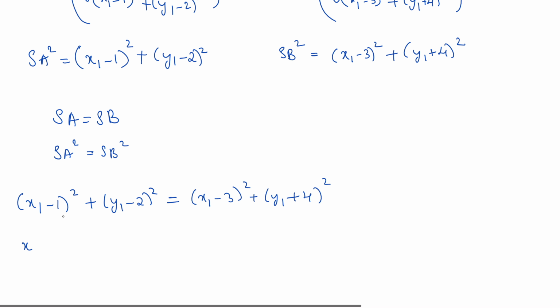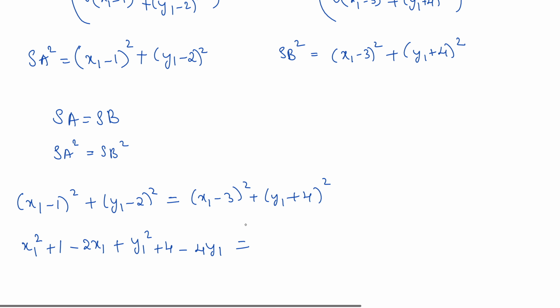So (x1 minus 1) whole square is x1 square plus 1 minus 2x1. We are doing (a minus b) whole square, which is equal to a square plus b square minus 2ab. Now (y1 minus 2) whole square is y1 square plus 4 minus 2ab, so 2 times y1 times 2, it's 4y1.